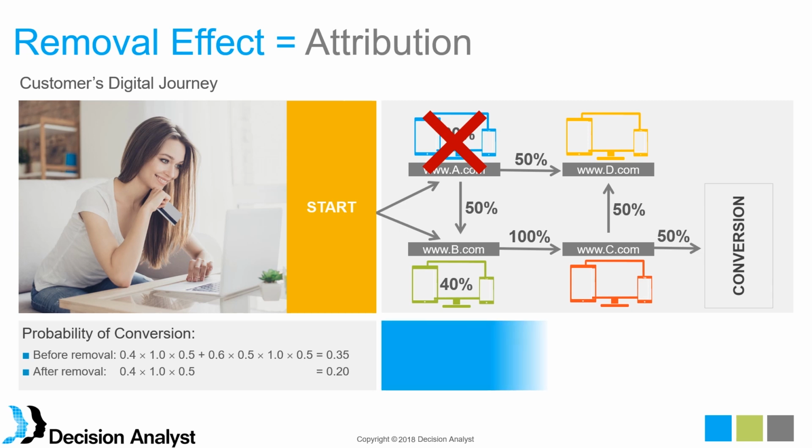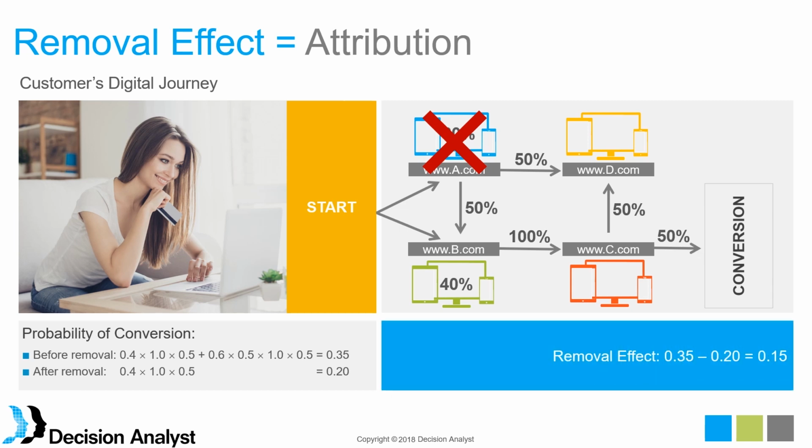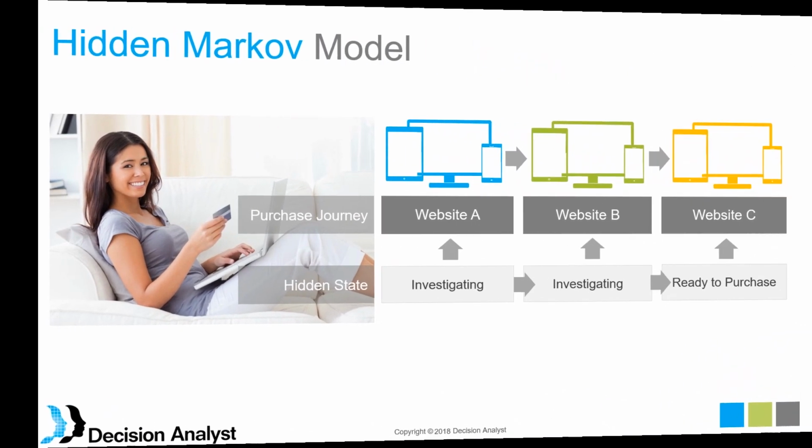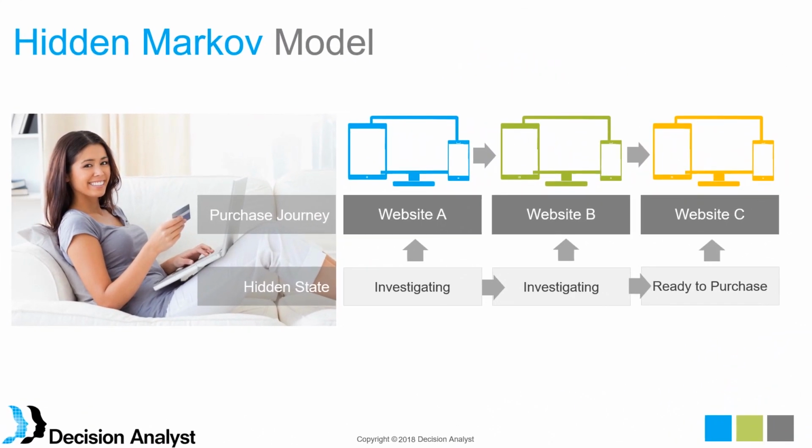So the difference, the removal effect, is 15%, 35% minus 20%, and that represents how much credit website A should get for conversion. Each website would have a removal effect or an attribution effect that could be measured. And so that's the idea of using the removal effect approach to measure attribution in a simple Markov model.